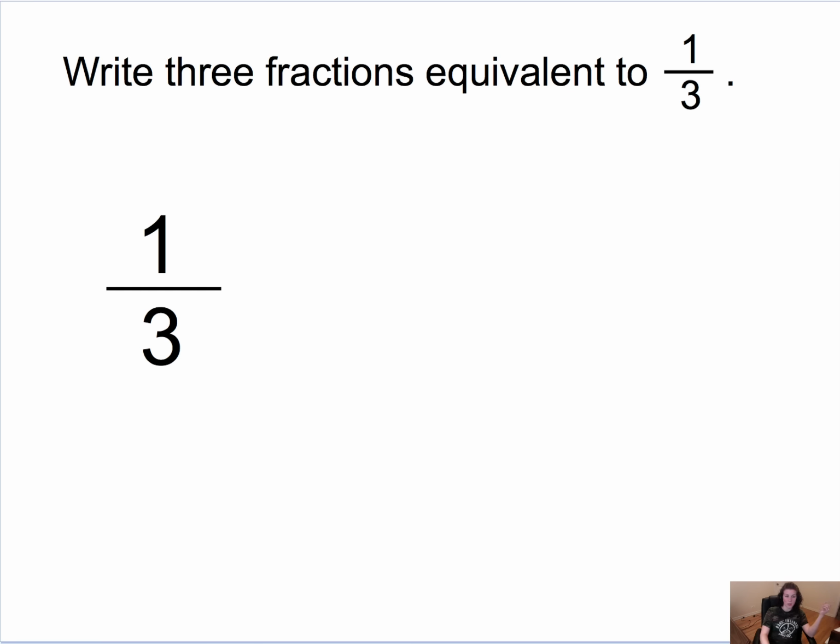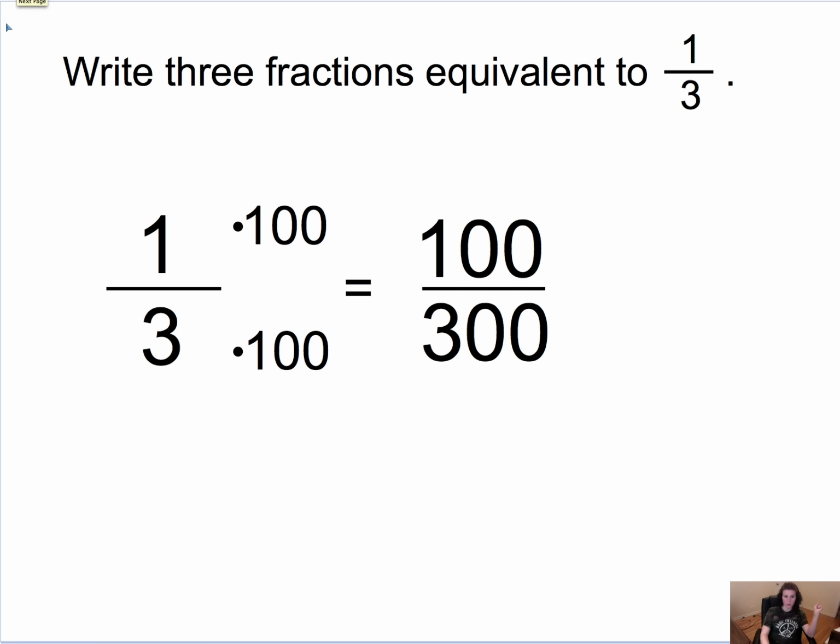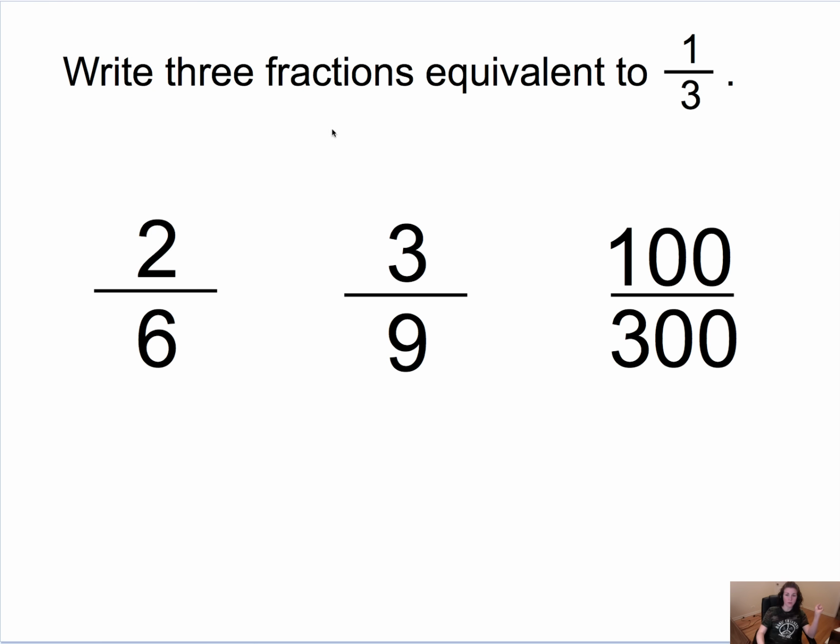Again, you could choose any number you want. I chose to multiply by 100 in the numerator and the denominator, which would equal 100 over 300. So 3 equivalent fractions to 1/3 would be 2/6, 3/9, and 100 over 300. There's an infinite amount. There are so many more. It's just that those are the 3 that I chose. So we could all have different answers and we could still be correct. I want you to understand that.